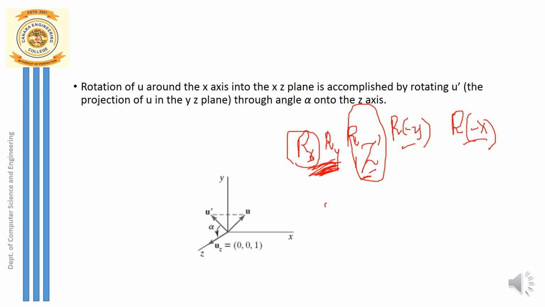Remember, whenever you rotate the object along the x axis, it is accomplished by rotating u, which means the projection of u in the yz plane should be considered, rather than taking the rotation of the vector along the actual x axis.